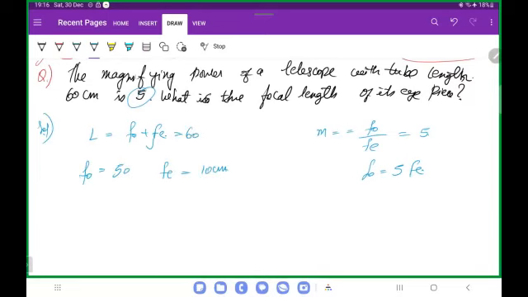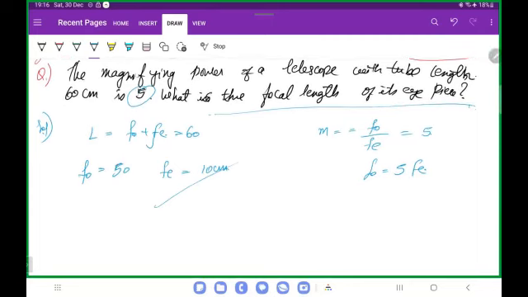What they're asking is the focal length of the eyepiece, f_e is 10. What is the option?